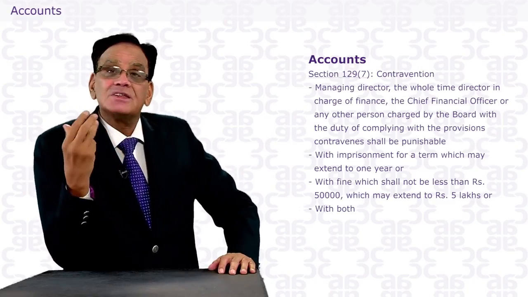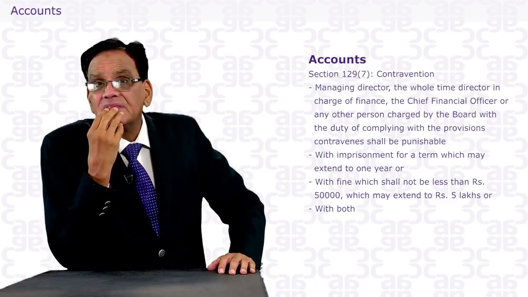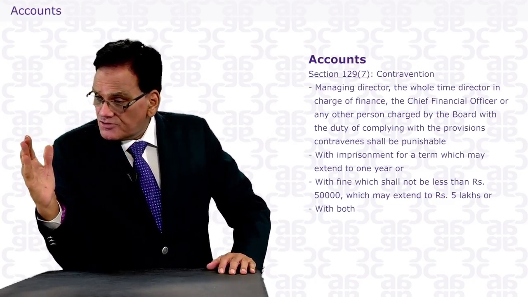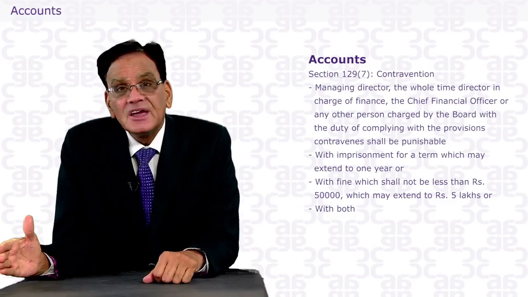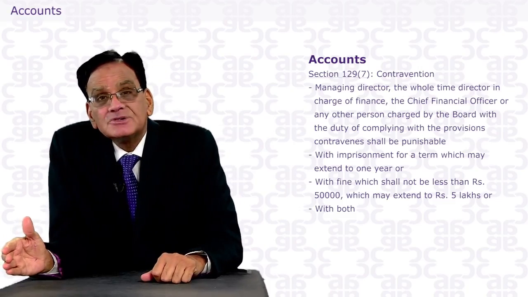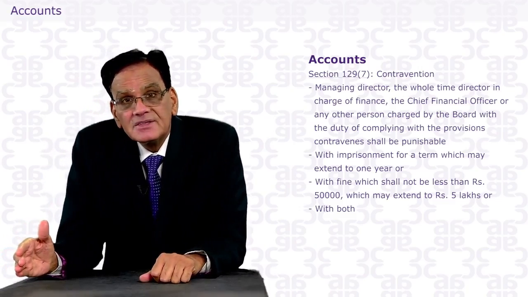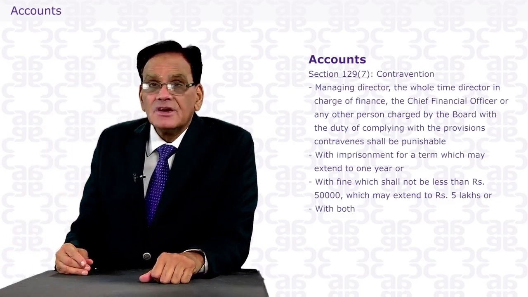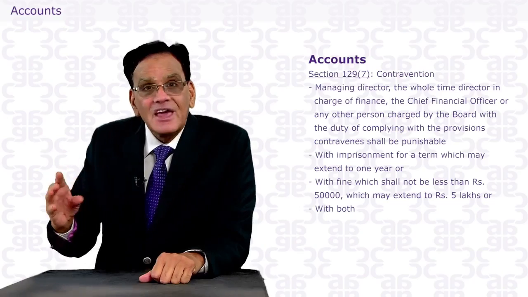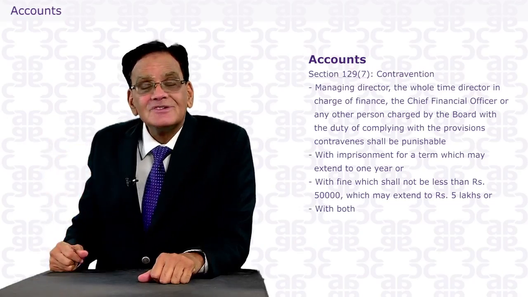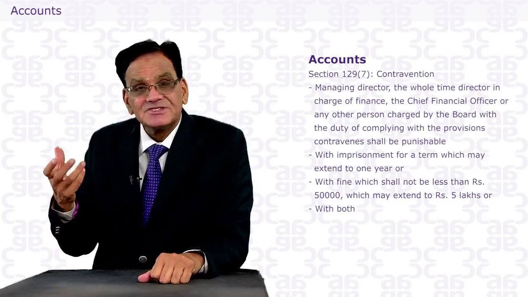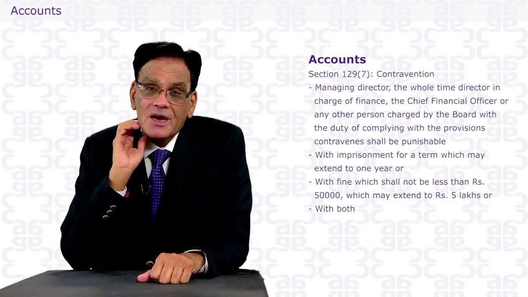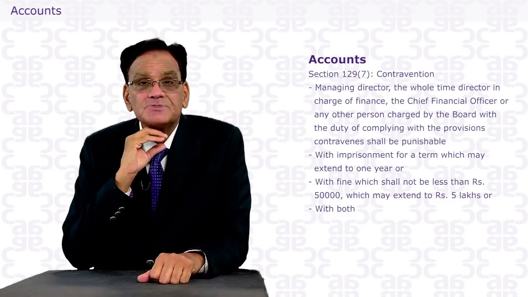It's not that you charge just any person. Further, when you say that you have charged this person, then if the case goes to the court of law, you must prove that you assigned this job to a person who is competent. Not only have we assigned it, but he is competent, he is reliable, he is in a position to enforce. But these provisions, which were there in the old Act, are missing. So these are the people liable. The fifth person is one who has been charged by the board.